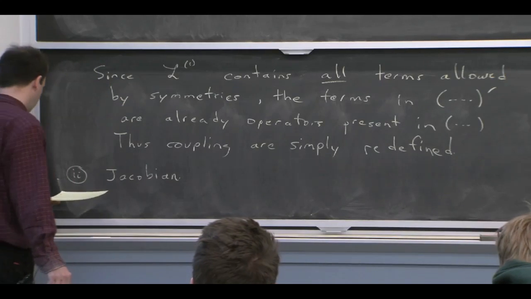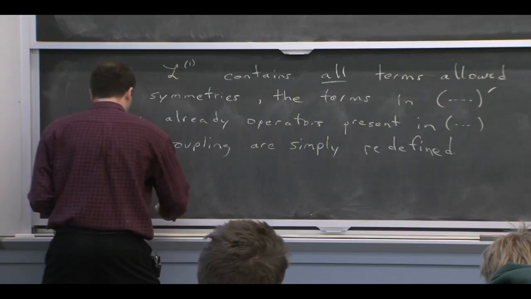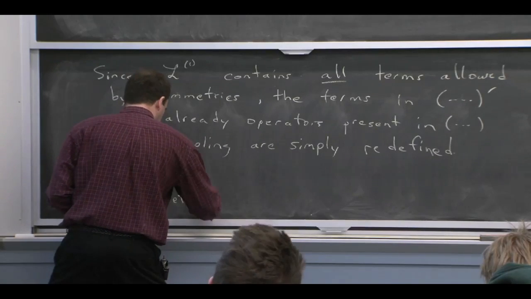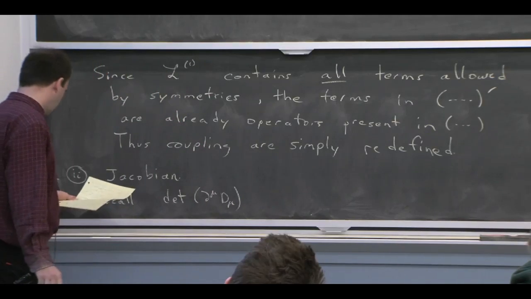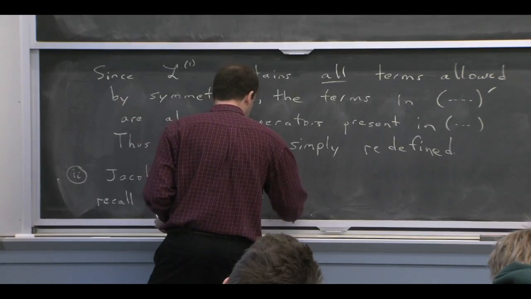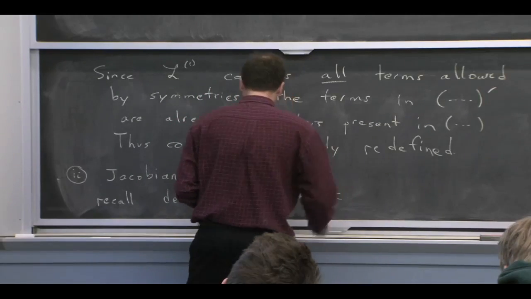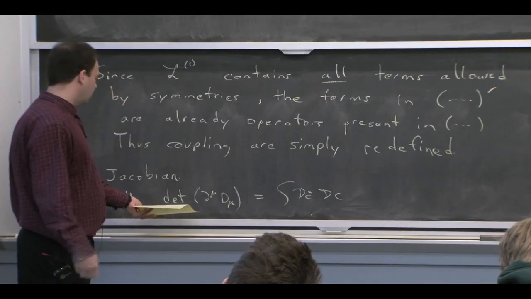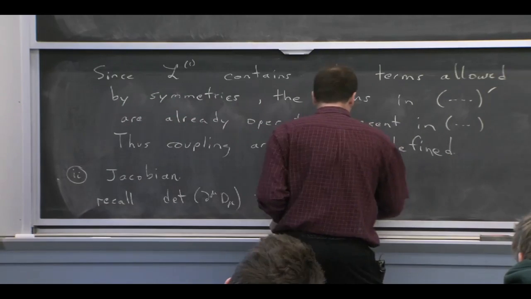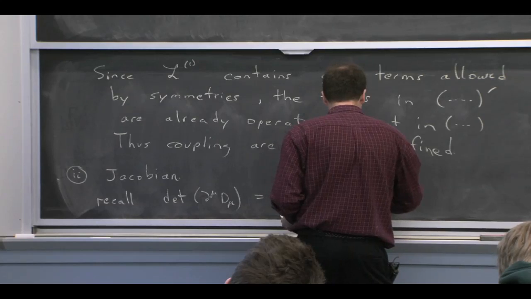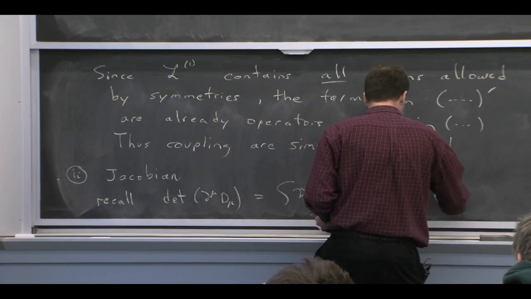So number 2 is the Jacobian. And I won't go all the way through this, but what are we going to do there? We're going to use the same kind of trick that we did in gauge theory. We're going to write the Jacobian as a Lagrangian involving ghosts. So remember when you talked about Faddeev-Popov in some field theory course prior to this one, you saw that you could write a determinant as an exponential involving some ghost fields.